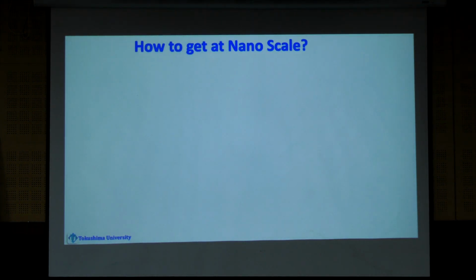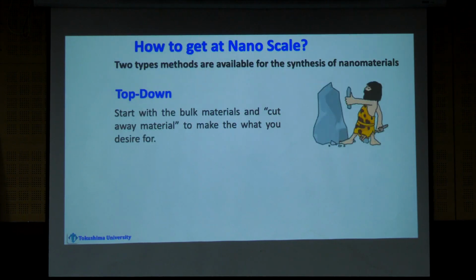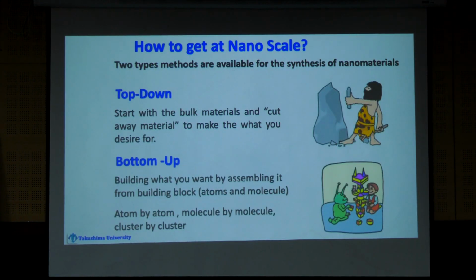Again, I think yesterday you might have seen this slide. I'm not going to tell more detail. Yesterday the professor already showed one or two slides, but let's look quickly. There are two approaches. One is top down. Like you are on the top floor and you are coming down to the first floor or ground floor.